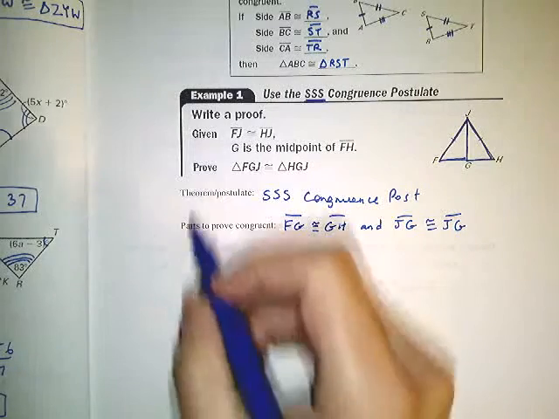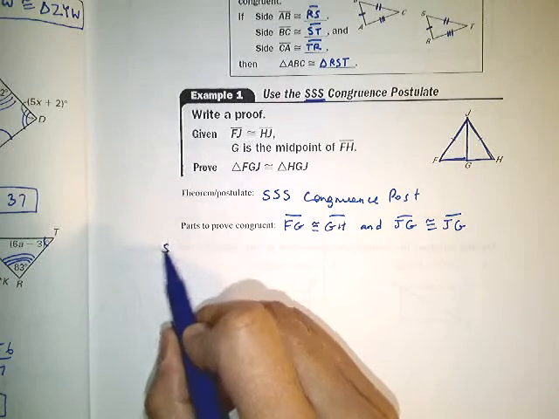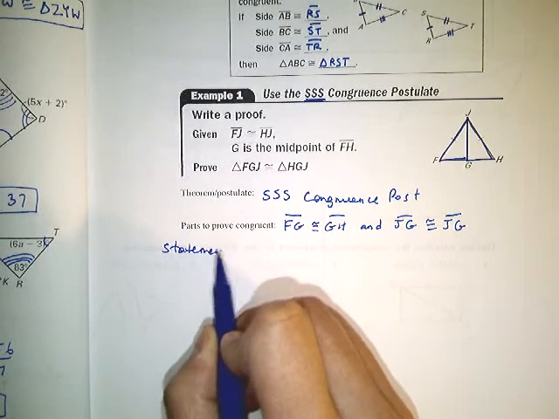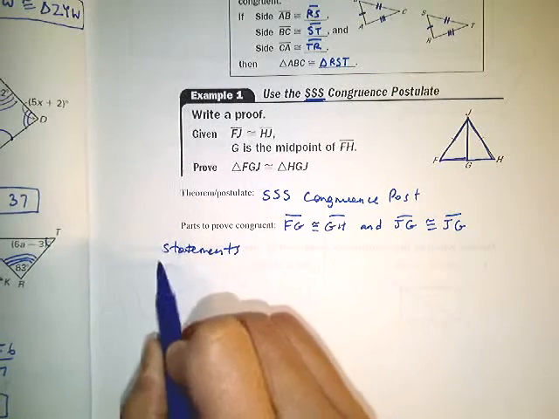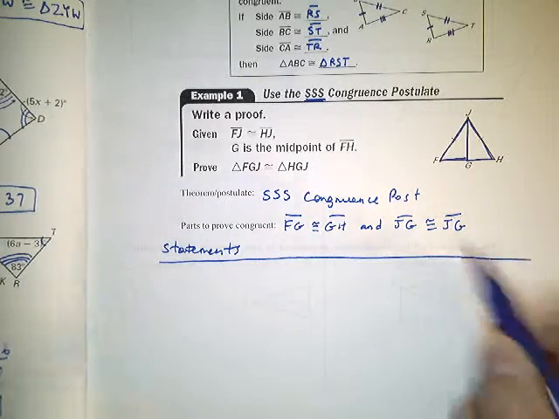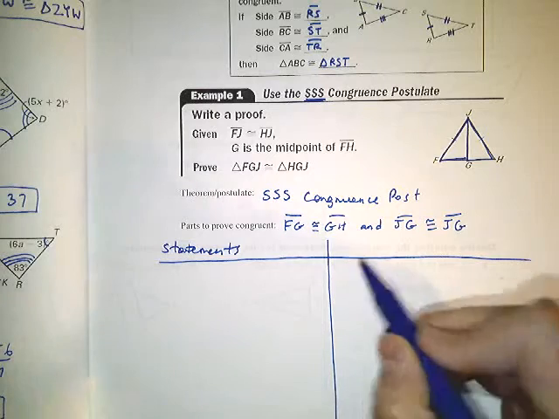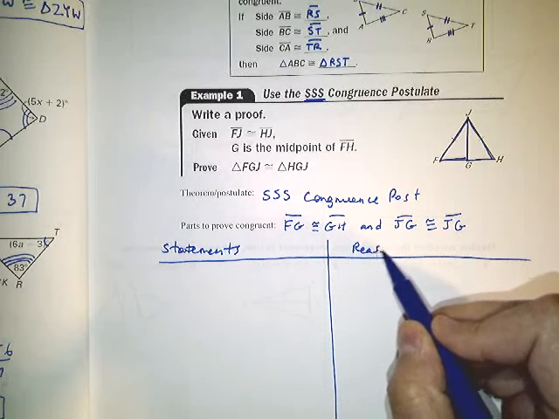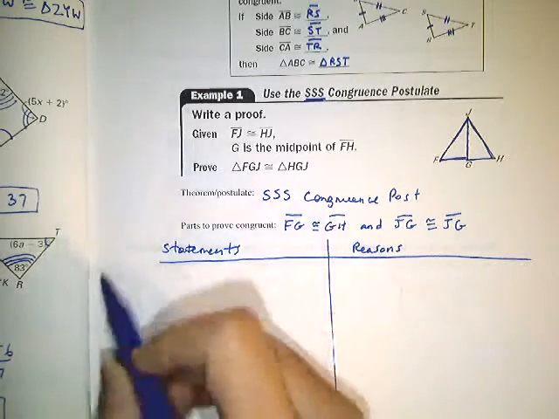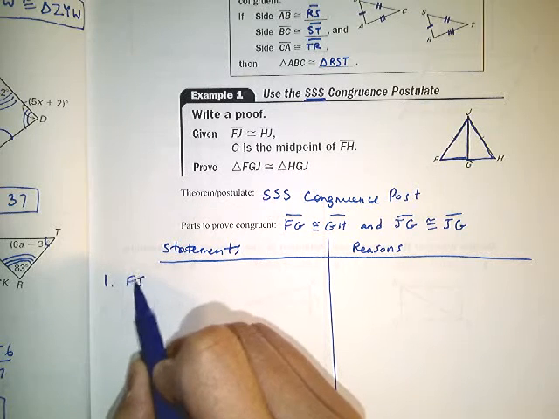So creating a proof, we write our statements on the left, and our reasons for those statements on the right. We begin with our given information.